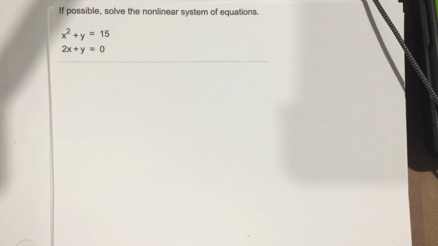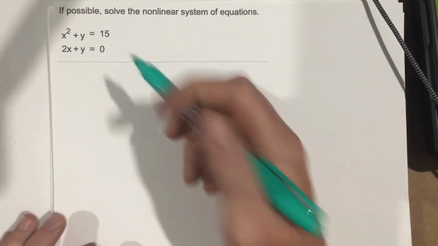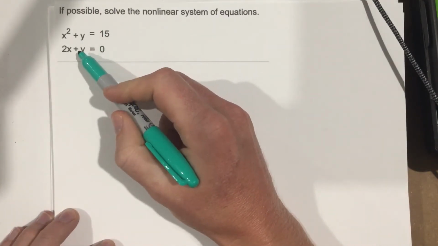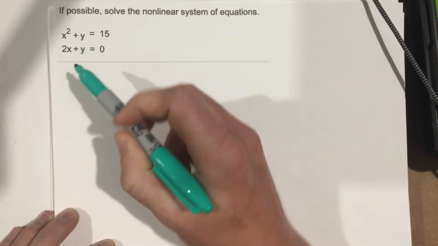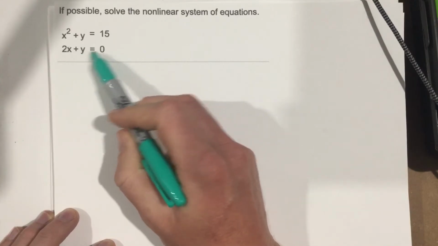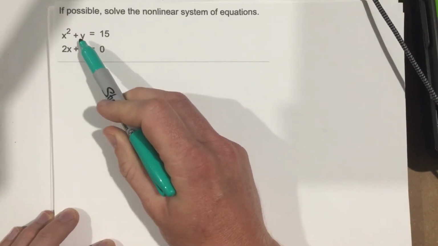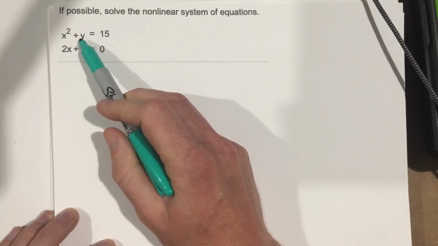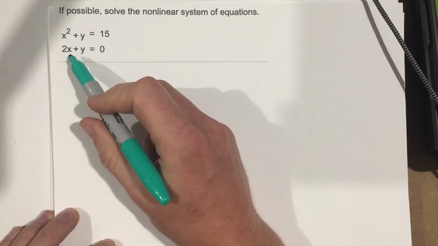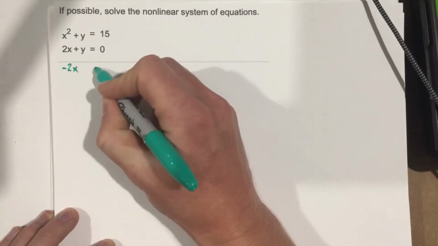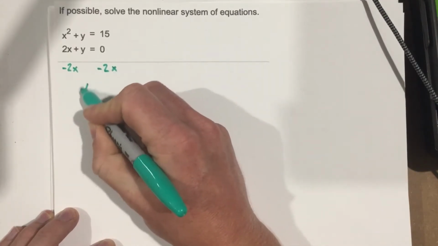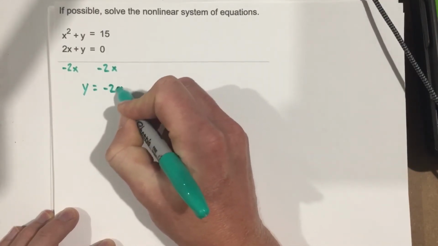First thing we'll do is identify terms that are in both equations. So we've got a y term that's in both equations. I'm going to solve the linear equation for y and then plug it into the quadratic equation up above. So we're going to subtract 2x over. That's y equals negative 2x.